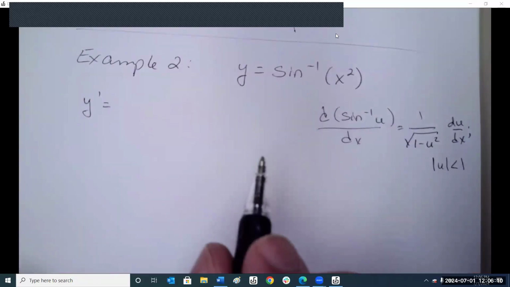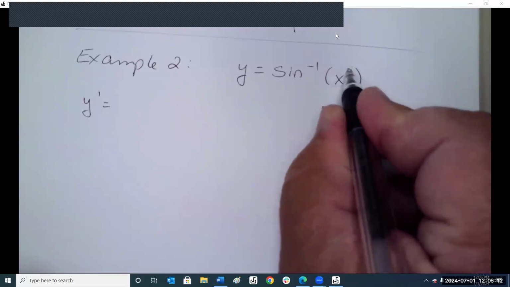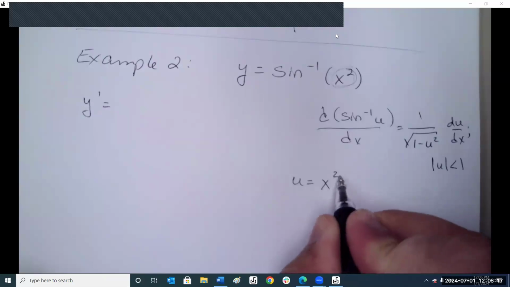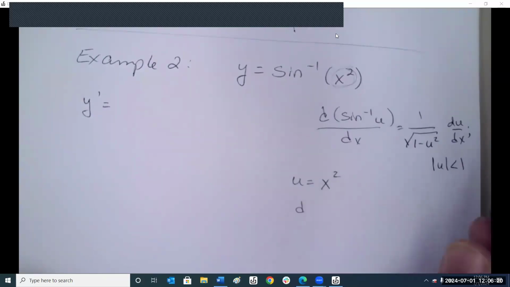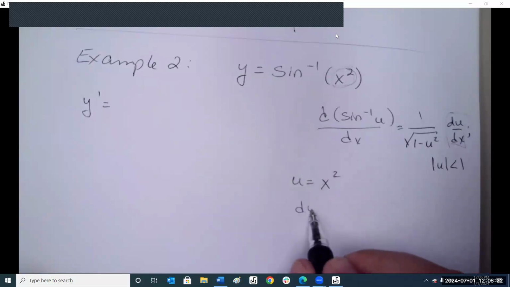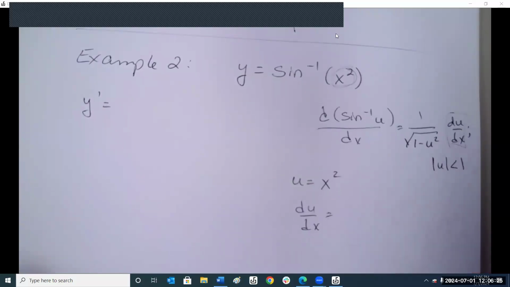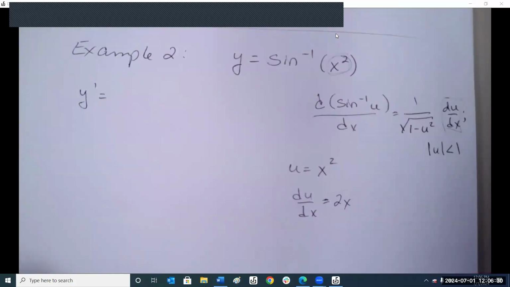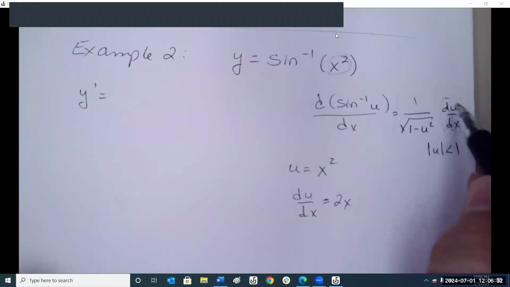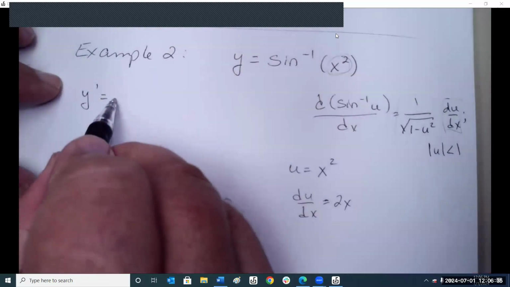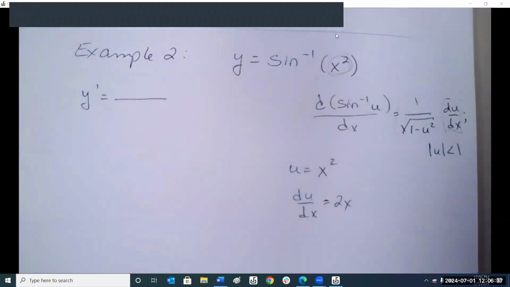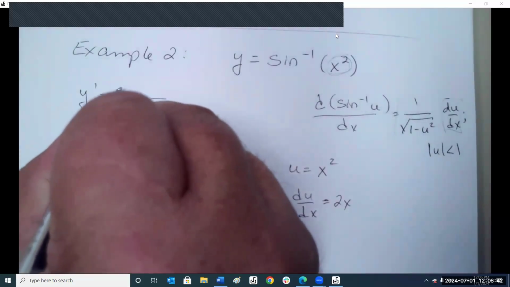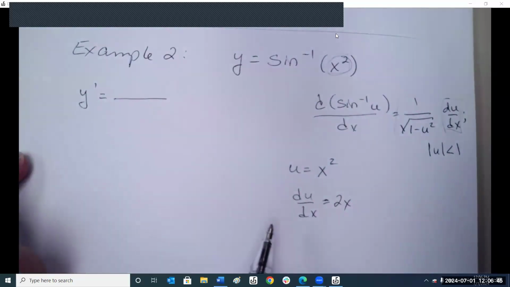First, we have to define what is going to be called u. Then from there, we have to find du dx. What's the derivative going to be? Now we can start plugging it in there. So the derivative of our function is going to be what?